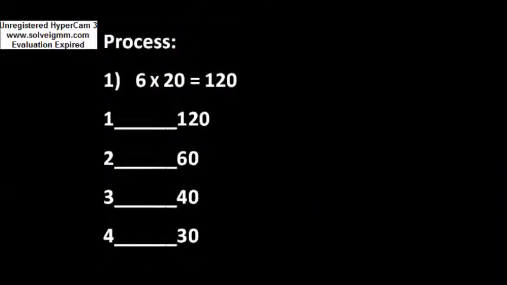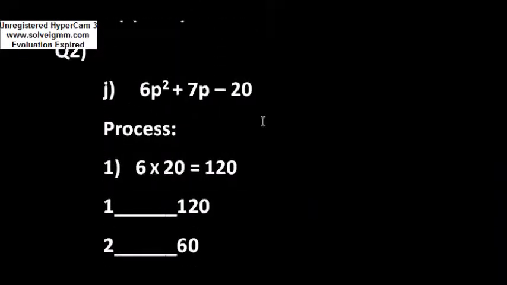But now with the help of these factors, you have to divide the midterm into two portions. For example, here the midterm is 7b. It means you need plus 7.